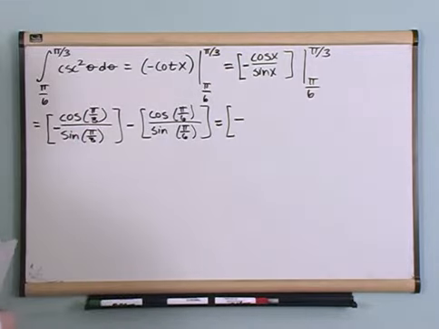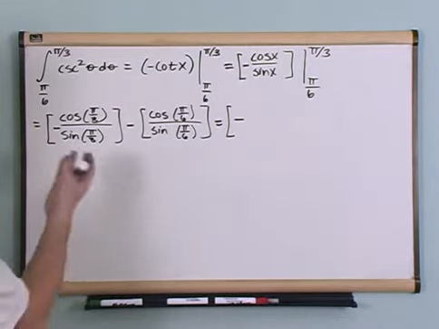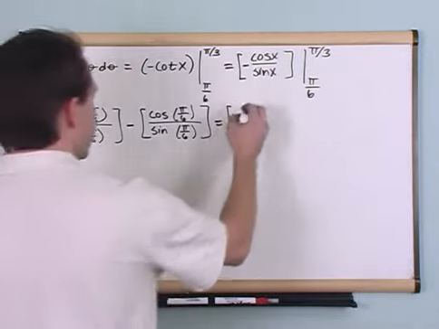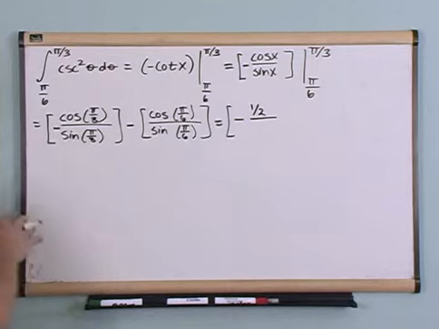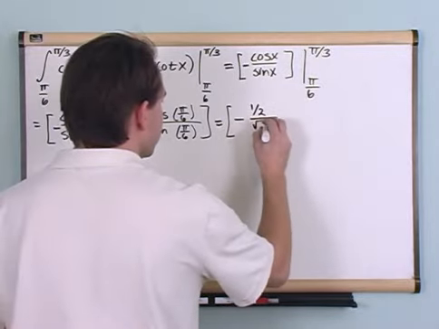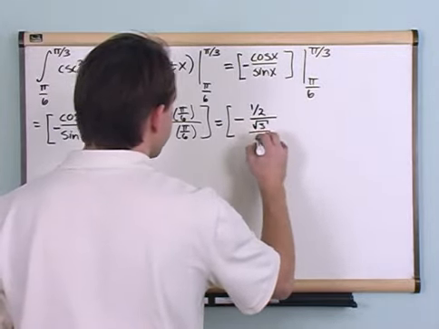Okay, cosine of pi over 3 is the same thing as cosine 60 degrees, which is 1/2, so I'm going to have 1/2 in the top of this right here. The sine of pi over 3, which is the sine of 60, is the same as the square root of 3 over 2. That's the answer.